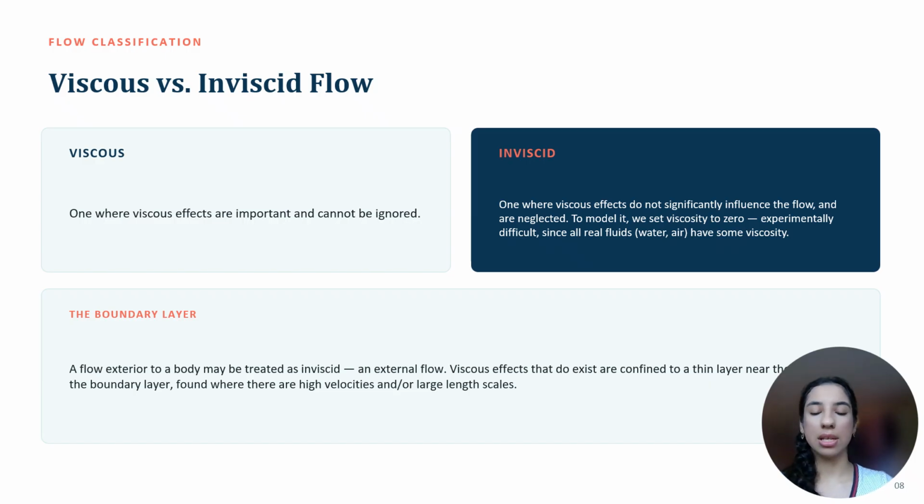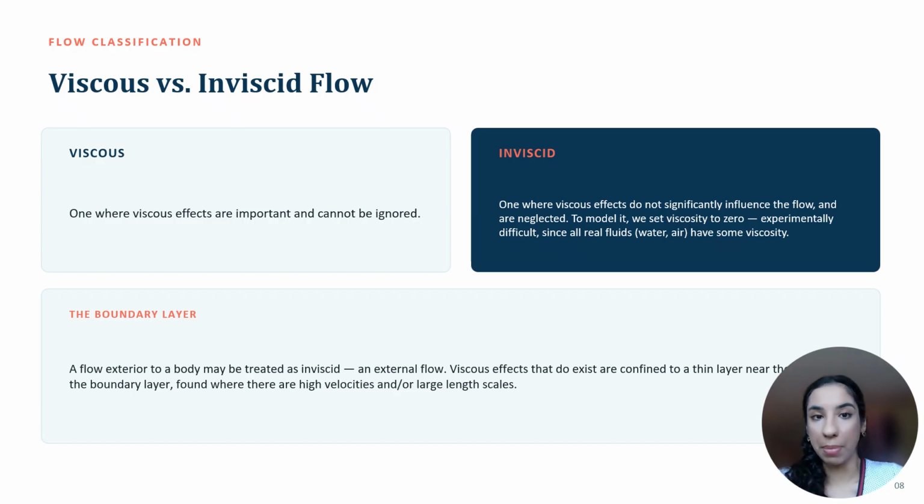Inviscid is where the viscous effect is not that significant on the flow and sometimes can be negligible. To model it, we set viscosity to 0, so we don't have to worry about viscosity. That is for stuff that barely flows, I think. Experimentally it's difficult, since all real fluids like water and air have some viscosity.